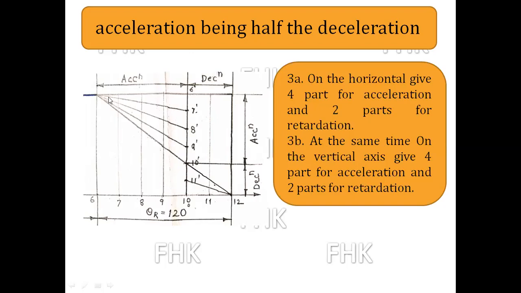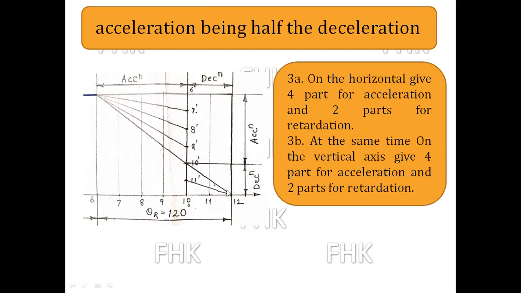After that, the same procedure: from the top left corner I will join 0 to 7 dash, 0 to 8 dash, 0 to 9 dash, and the last one 0 to 10 dash, and again 2 parts for deceleration. So 10 dash and the bottom right corner, that is again 0.